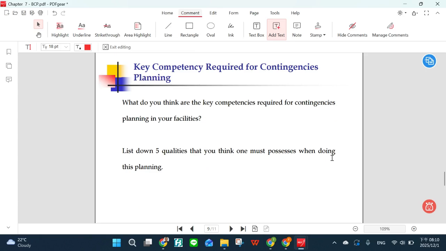What do you think is a key competency that is required when the boss asks you to do this? What do you think you need? What kind of quality do you need when you do contingency planning?